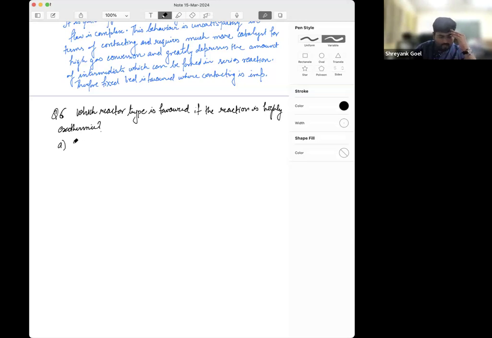Again the options are the same: fluidized bed, packed bed, both, or none. Do you want to answer this with whatever reasoning you have?